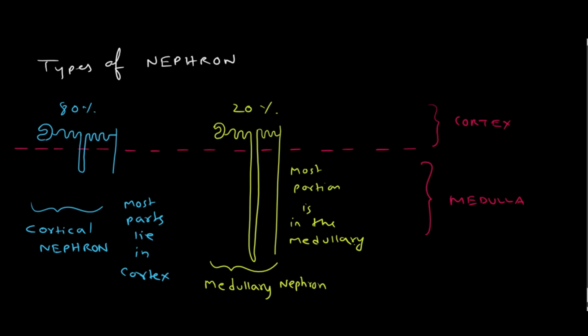The advantage of the medullary nephron is that it is involved in most water reabsorption. Medullary nephrons are created with the intention to reabsorb most water and salt, which we will be looking at further.